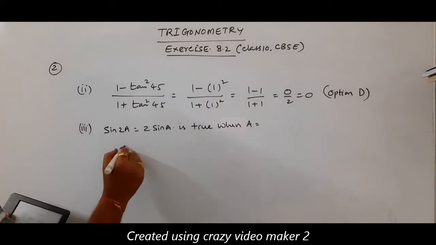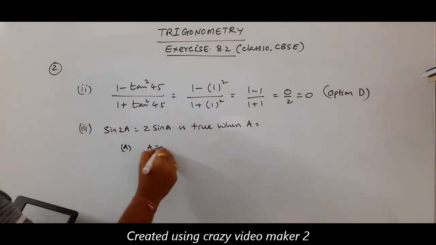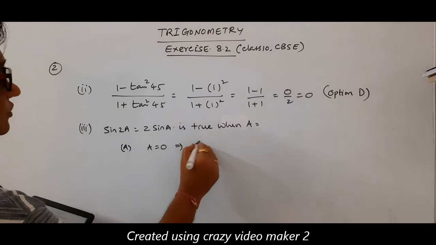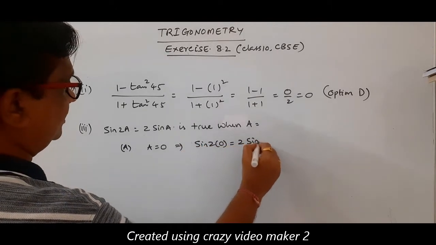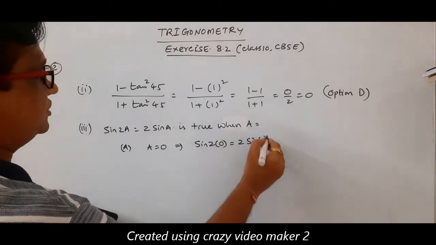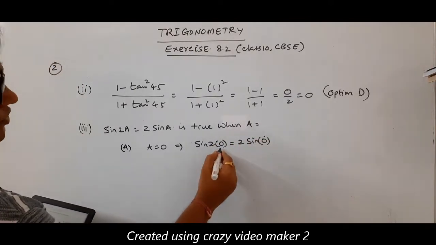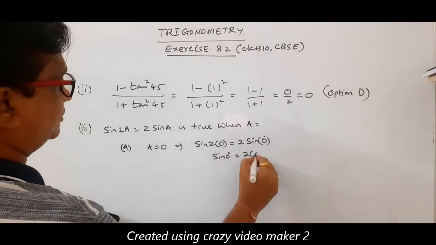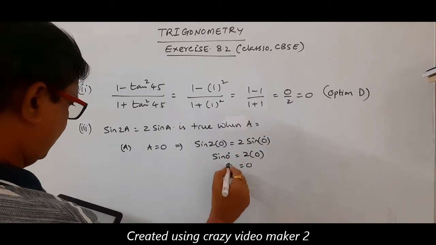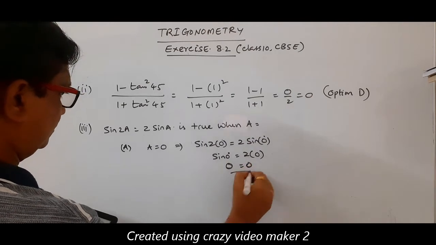Suppose a equal to, option A, suppose a equal to 0, so sin 2 into 0 equal to 2 into sin 0. So sin 0 means 0, 2 into 0 means 0, so sin 0 equal to 2 sin 0, that is 0.